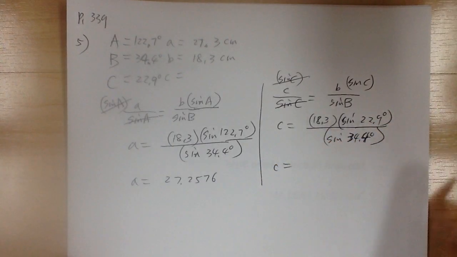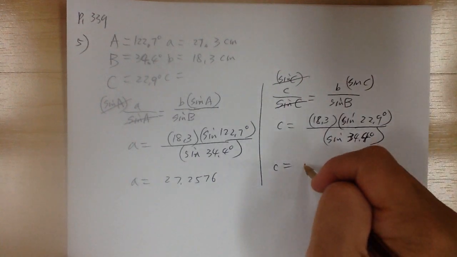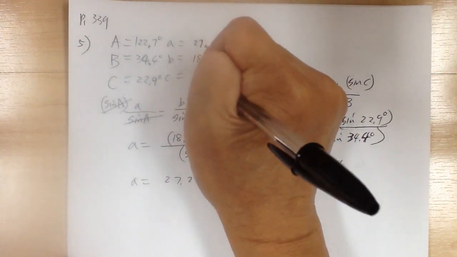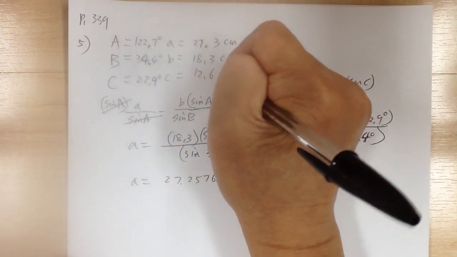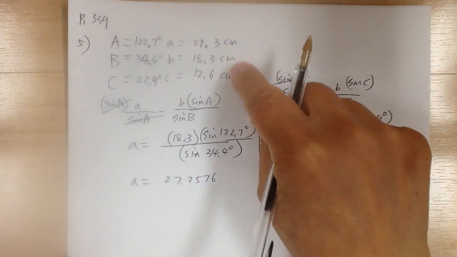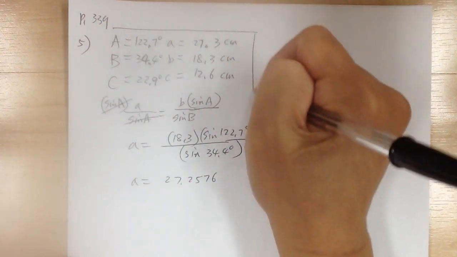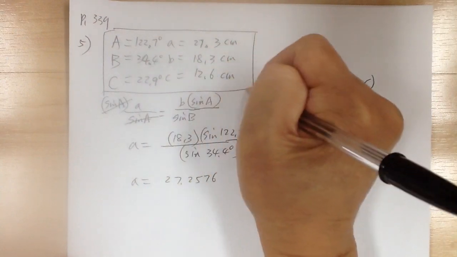So enter all that into your calculator. You get 12.604. So come over here, you get 12.6 centimeters. And remember your labels, okay? Don't forget your labels. Don't forget your degree. So another little tiny details.